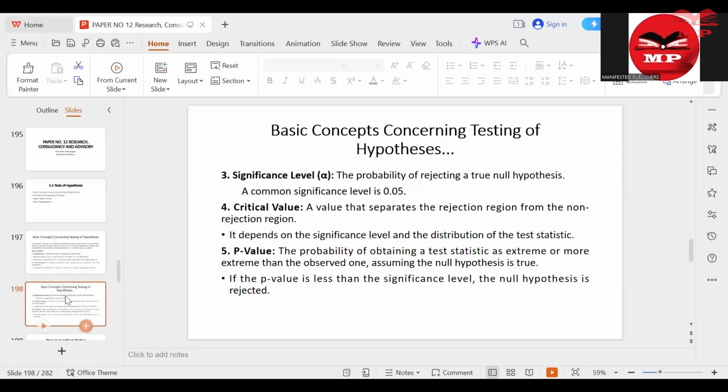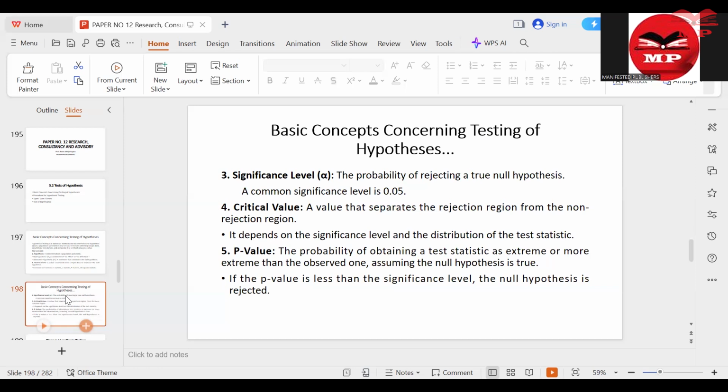Third aspect is significance level. Sometimes it is called alpha. The probability of rejecting a true null hypothesis. A common significance level is 0.05.